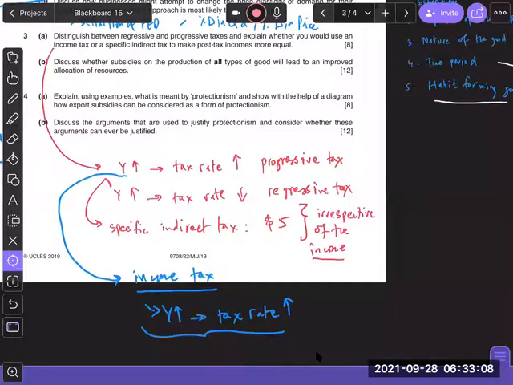Okay, guys. So my question is, what do you need to know? If you want to make post-tax income more equal, what do you need to do?